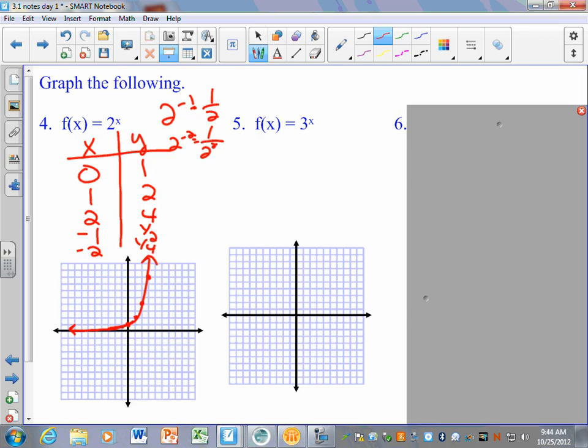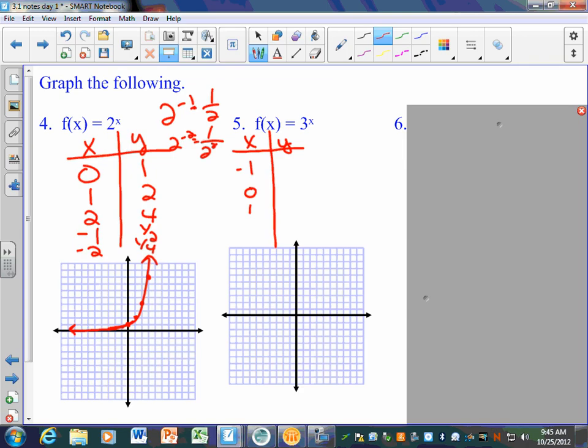So you try this one. Graph 3 to the x. You should see a very similar thing going on, except for now it's a power of 3 instead of a power of 2.